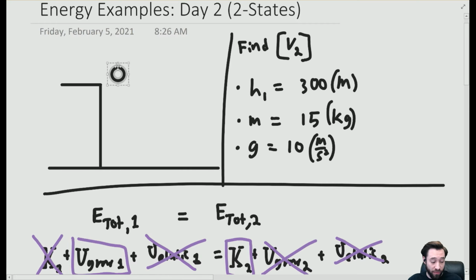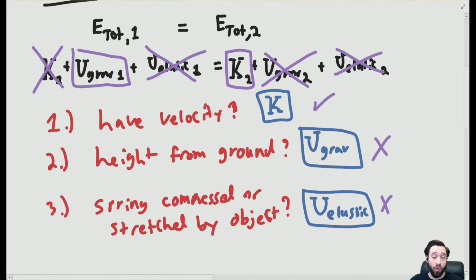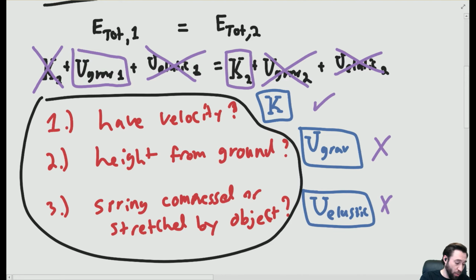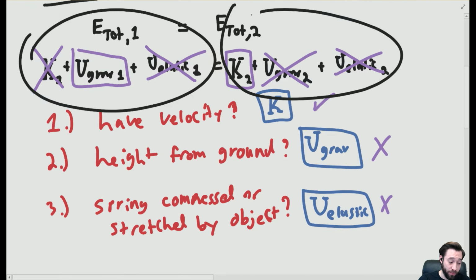So I was given the height at state 1, I was given the mass, and I was given the acceleration due to gravity. Then we tried to figure out what types of energy are present at state 1 and state 2. And we used these 3 questions to help us whittle down the whole conservation of energy equation on each side of the equation. So this was state 1, this was state 2.